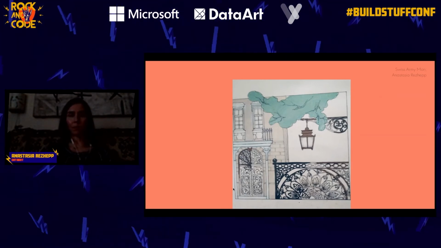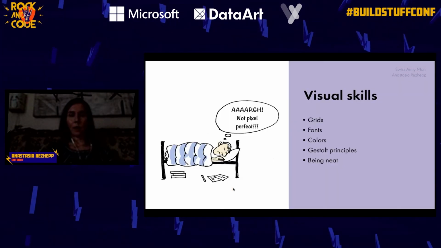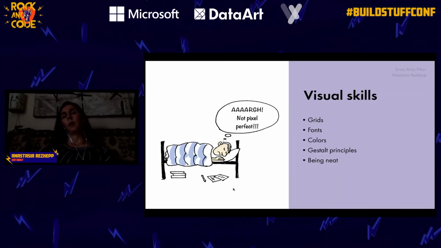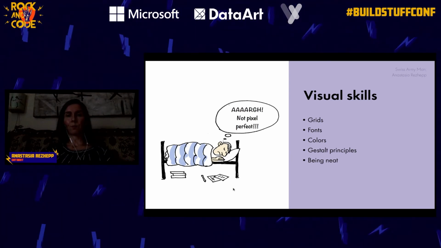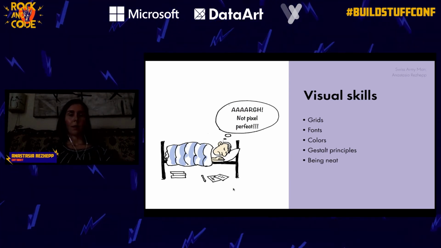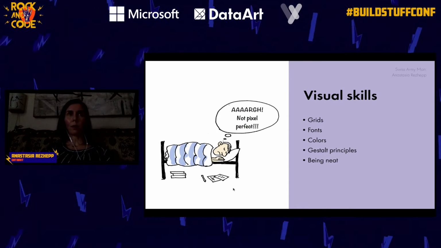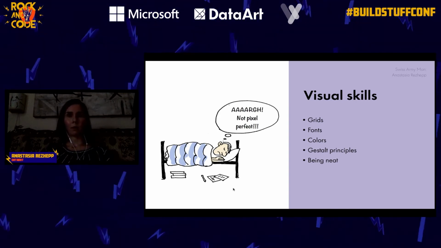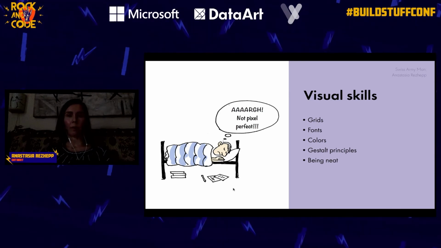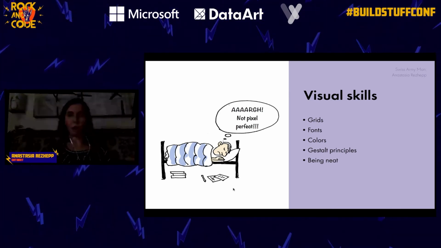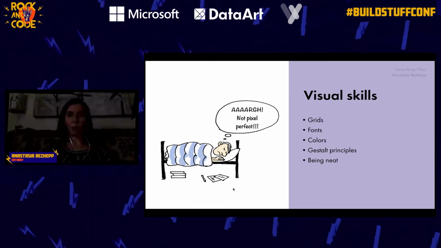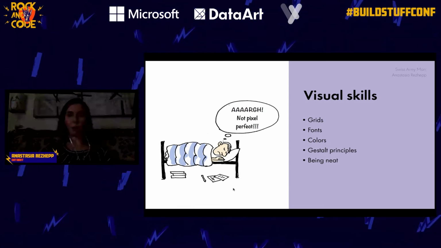Yeah, great. I think I only have the last purple section about visual skills. Again, this is not about creating great Spotify designs or visual designs that are going to win visual design awards, but just some basics.